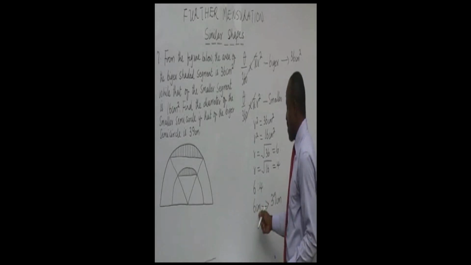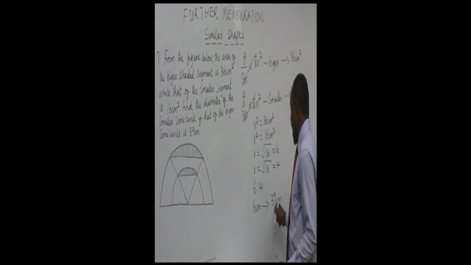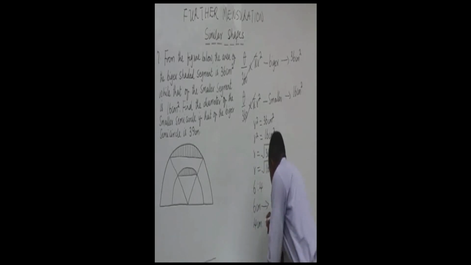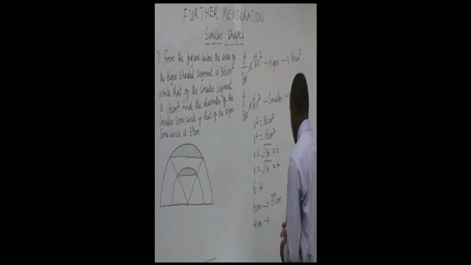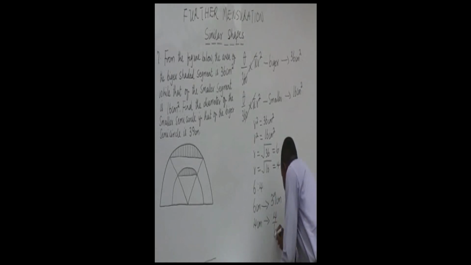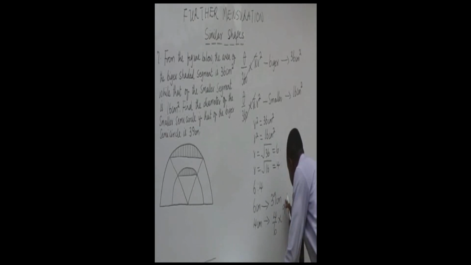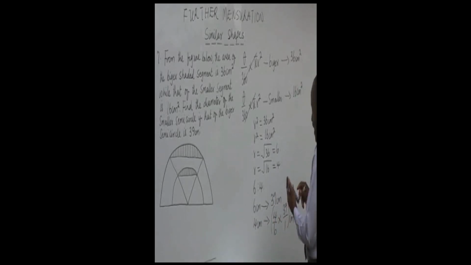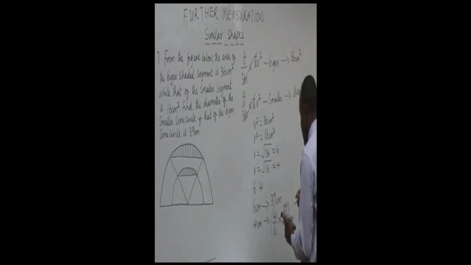If 6 cm radius brought 39 cm diameter, then 4 cm radius by direct proportion will bring 4 over 6 times 39 cm diameter. 4 times 39 is 156, divided by 6 is 26.